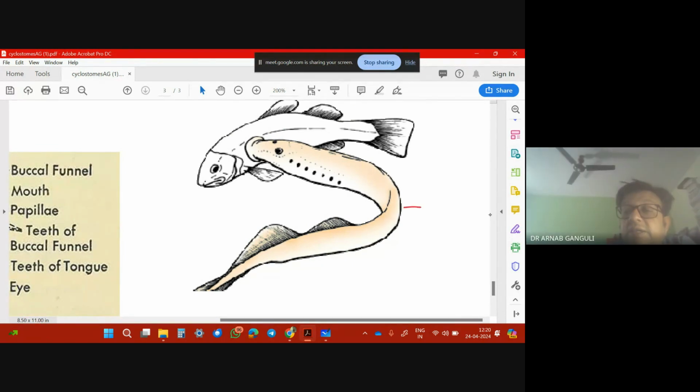This is the cyclostome, which is feeding on an adult fish. They keep on being stuck on the adult fish. Basically, they live like a parasite. It's not hunting. They just cling to it like a leech.